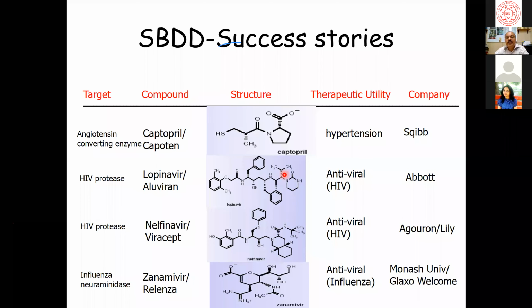These are essentially antiviral compounds developed by Abbott Laboratories, or nelfinavir again by Agouron or Lilly. Another very important drug is Relenza, which is essentially zanamivir. It is an antiviral used to target influenza neuraminidase, developed in collaboration with Monash University and Glaxo Wellcome. So lots of structure-based efforts have been put into the development of these success stories.